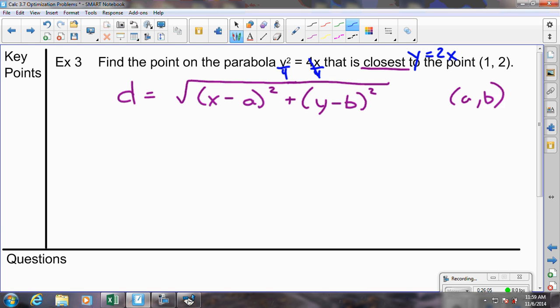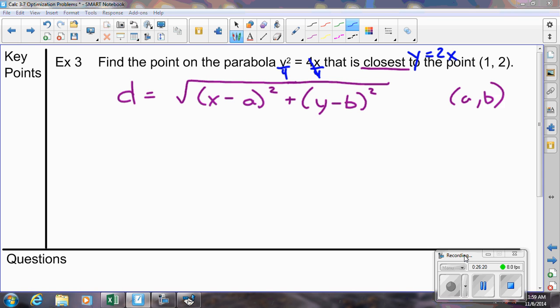So we could do this two different ways. We could substitute in y equals 2 root x and worry about possibly having duplicated or missing answers, or we could just substitute in y squared over 4 for x. Which way would you rather go? Okay, plugging in y squared over 4 for x, that will allow us to rewrite our formula.